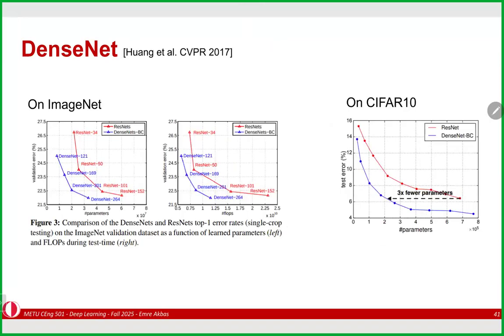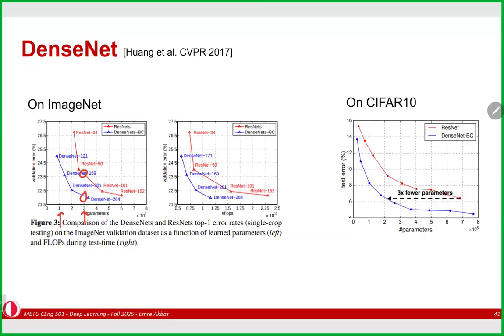So this red curve is ResNet, blue curve is DenseNet. With the same number of parameters, it achieves much better validation error. And with fewer and fewer parameters, it still achieves very good validation error. On CIFAR-10, it uses 3 times fewer parameters.